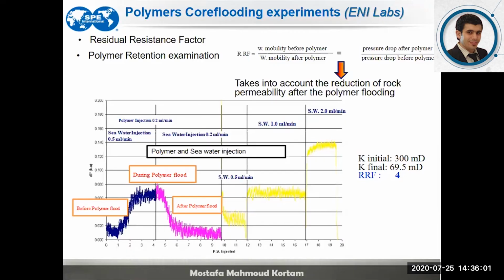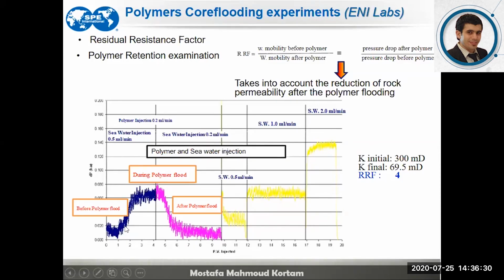So again, expressing the residual resistance factor, we conducted a core flood by flowing water through the core and recording the differential pressure. That is the baseline: 0.5 milliliter per minute is the injection rate of the seawater flowing through the core plug. We achieved stabilization. Then we increased the water injection until reaching 2 milliliters per minute.